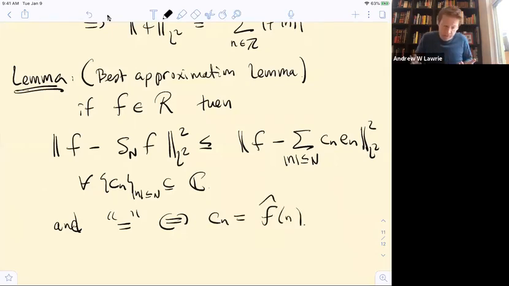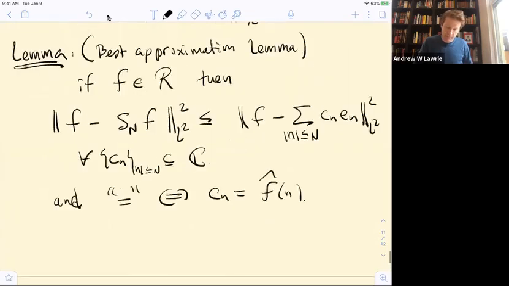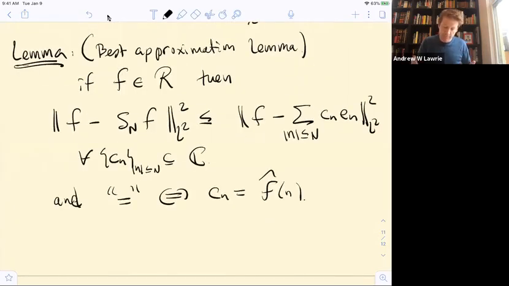So the trigonometric polynomial obtained by taking the partial Fourier sum is the closest I can get. It's the best approximation for f amongst any other trig polynomial of the same degree. So in particular, it's better than the Fejer kernels, for example.